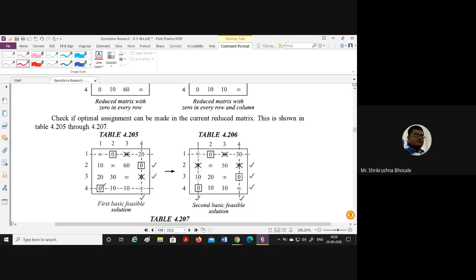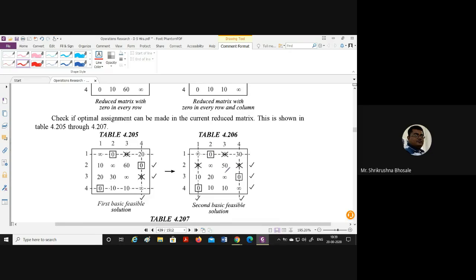In the second solution, what is there? The traveling salesman will start his journey from city 1, he will go to city 2. Again from city 2, he will go nowhere, because for 2 to 3, this allocation is not there.